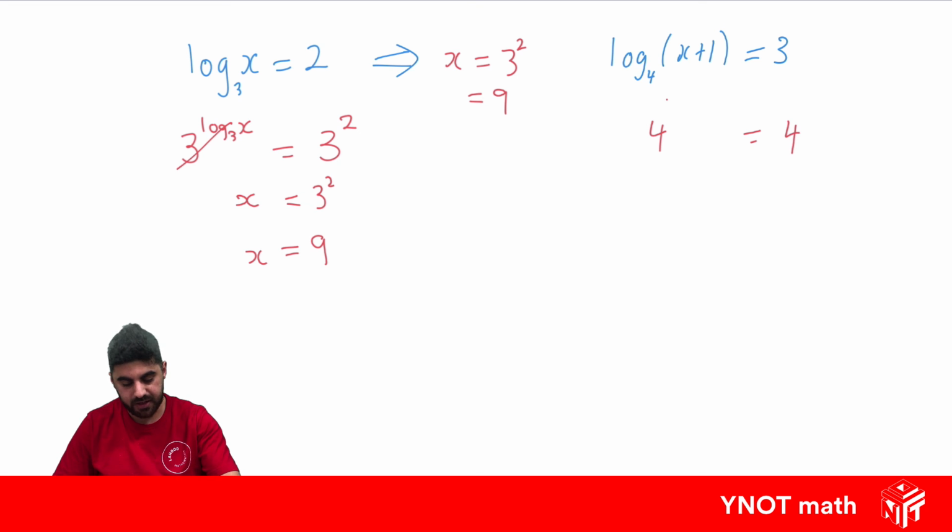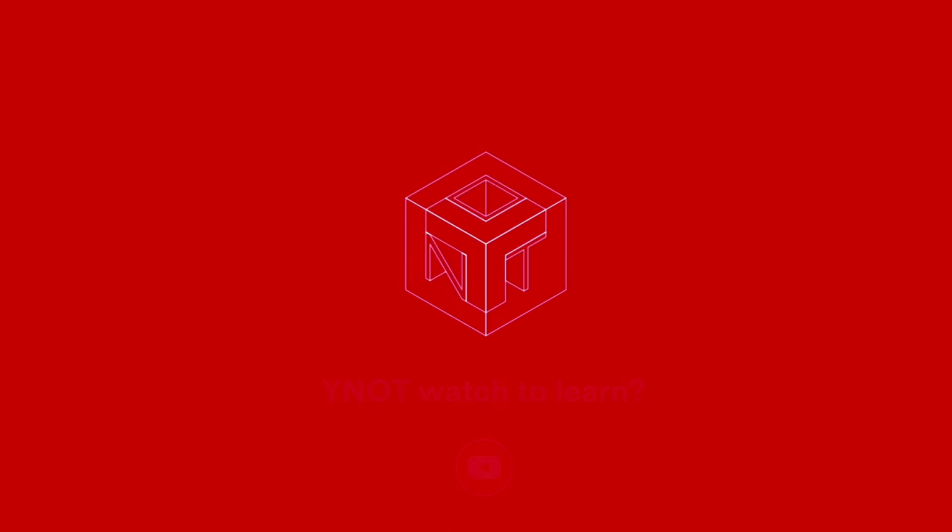We take the left-hand side being the power of this side, the log of x plus 1 base 4, and the right-hand side being the power on the new right-hand side with this base. The 4 and the log base 4 cancel out, and we're just left with x plus 1 equals 4 cubed, which is 64. Minus 1 from both sides, we get x equals 63.